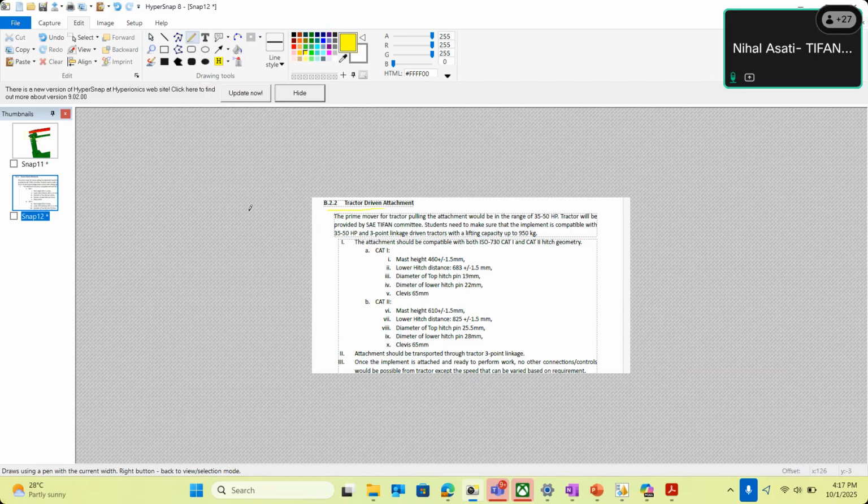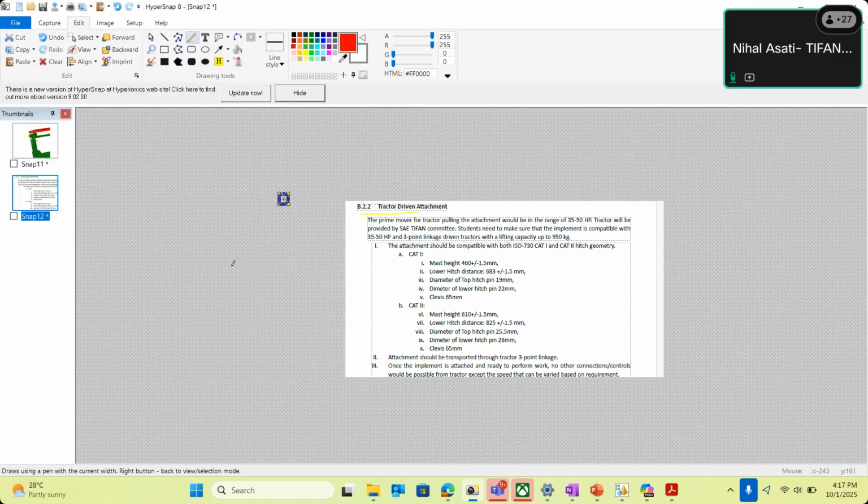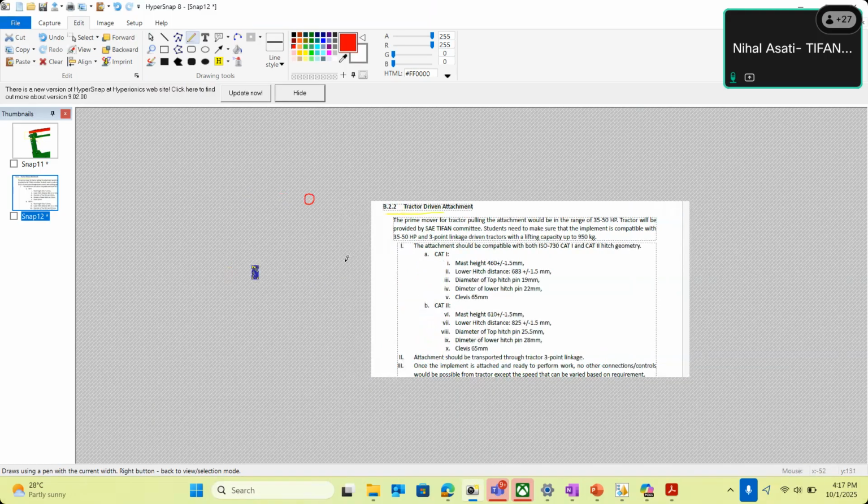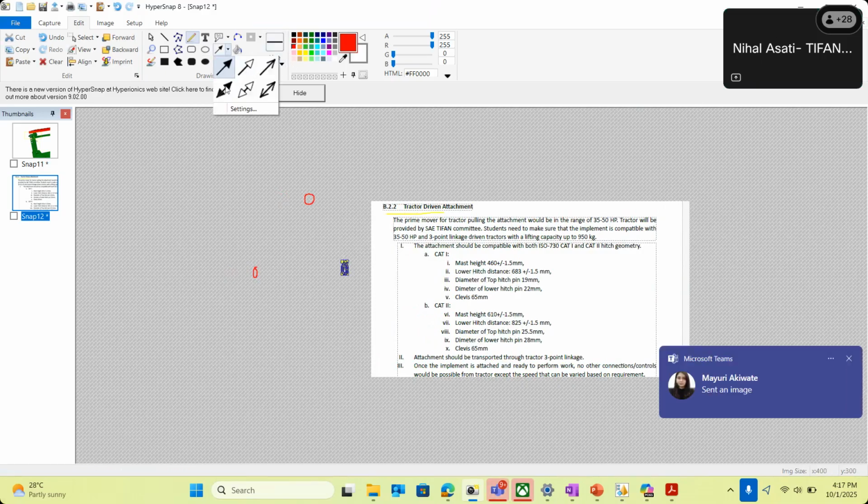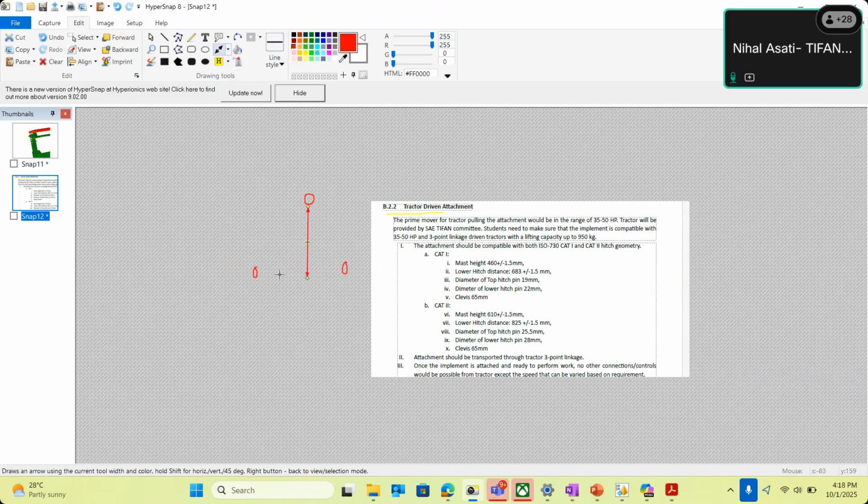So if you see the tractor and the tractor hitching equipment, we have a top linkage in the tractor, and then a left and right linkage which is provided on the tractor. In that we have a specific height from the lower attaching point to the top point which is provided on the tractor. And then we have some distance between these two locations.